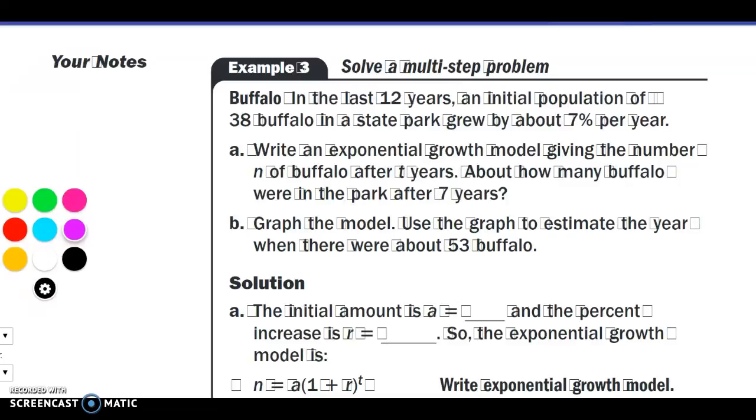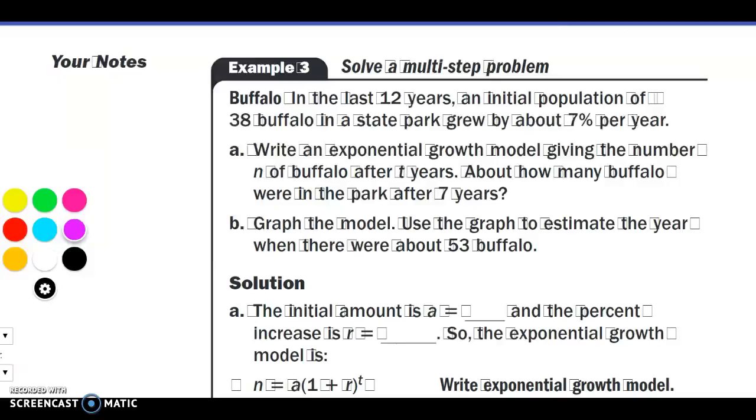And in today's world, a lot of things are increasing exponentially, like the amount of data, how much we use technology, and the availability of technology. But right here, we're just talking about the population of buffaloes.